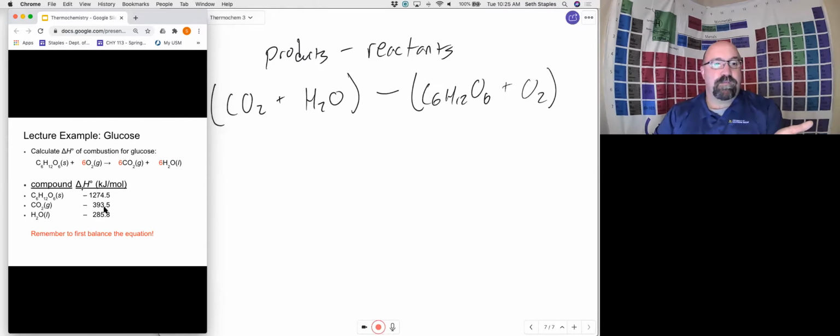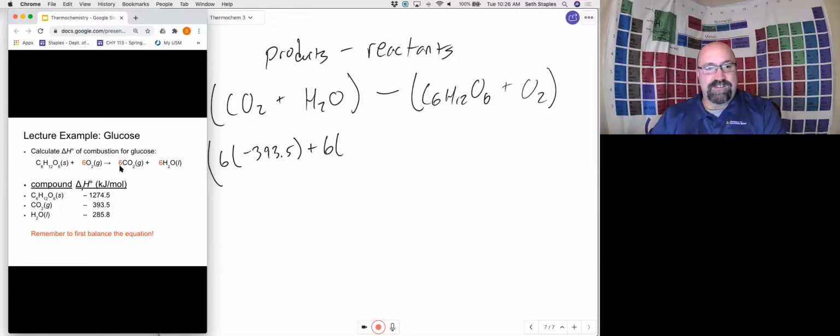And we have values for these. And so for CO2, we have a value of negative 393.5. But again, we need to take into account how many moles are in our balanced chemical equation. So we're going to have 6 times that negative 393.5 plus our heat of formation of water, 6 times negative 285.8.